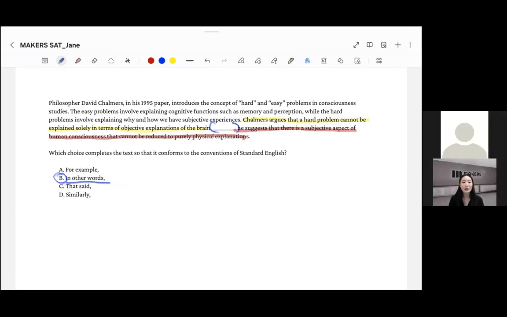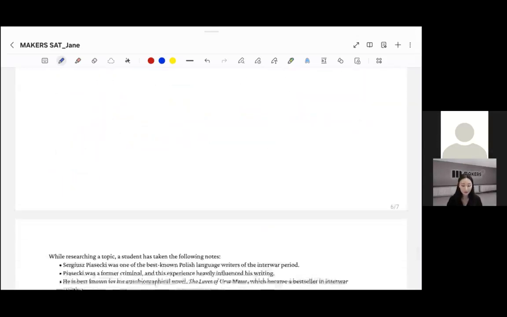That said would be indicating a contrast or a concession, but there is no contrast in the red highlighted part, so C would be incorrect. Similarly, the other option would indicate a parallel idea being introduced, but this is not a new parallel point. It's just a restatement of the yellow part into a red part. So, in other words, would be the best fit to this question.